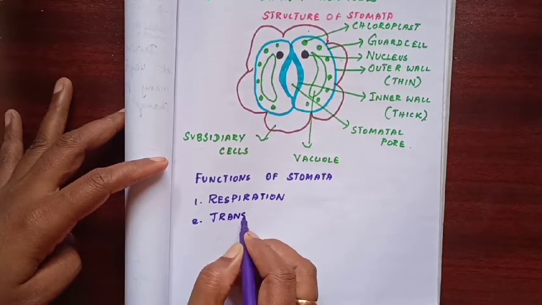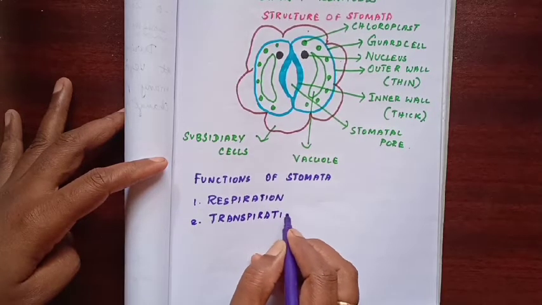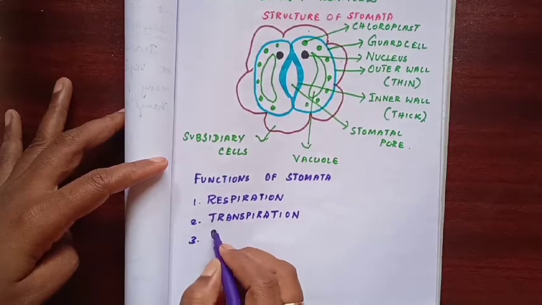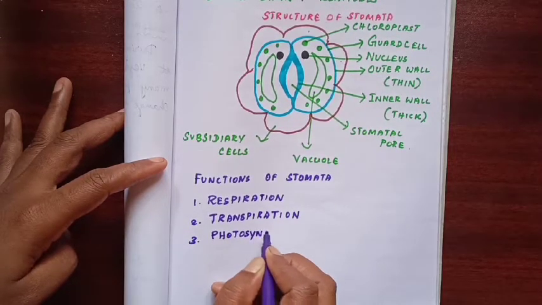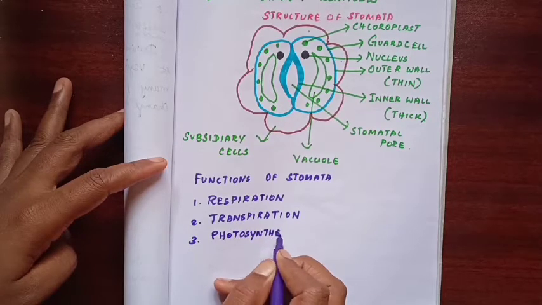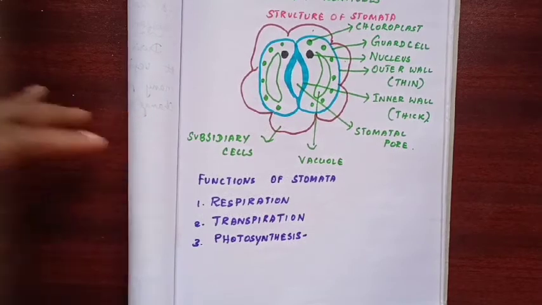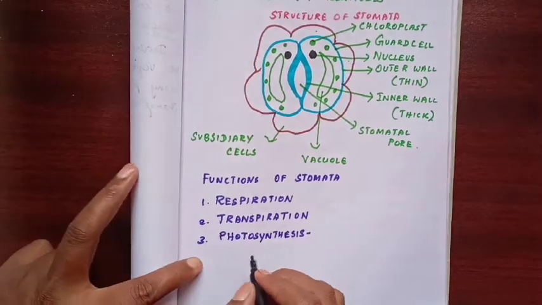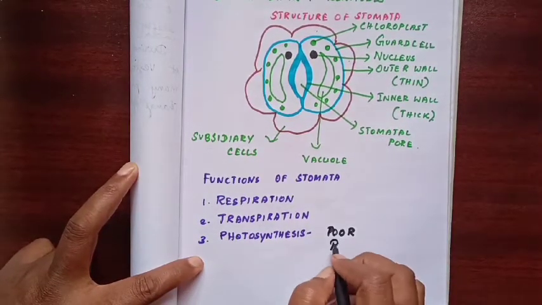So more amount of water is released only through stomata. Third one, photosynthesis. You can give less priority for the third point because very poor photosynthesis happens because Rubisco enzyme is absent in the guard cell.